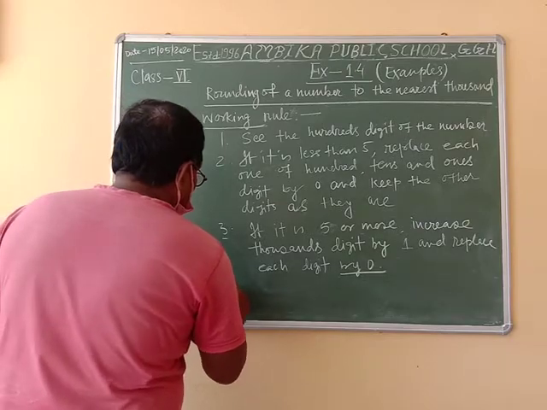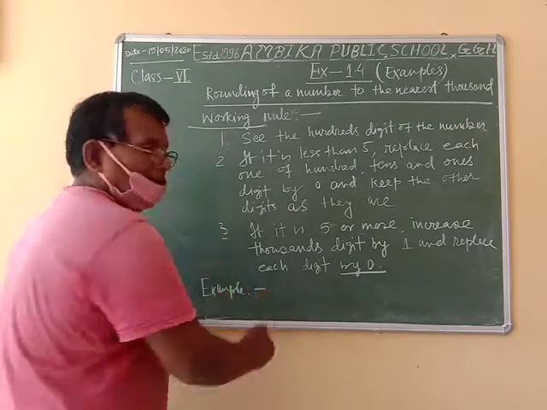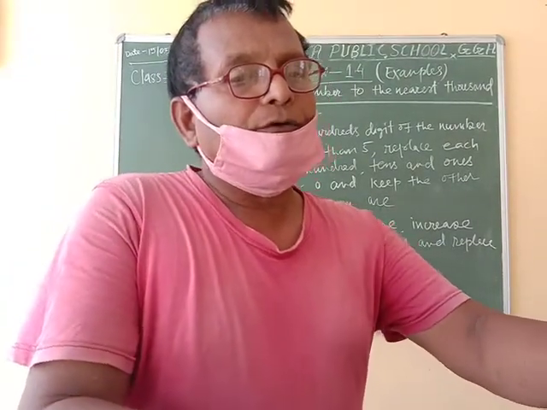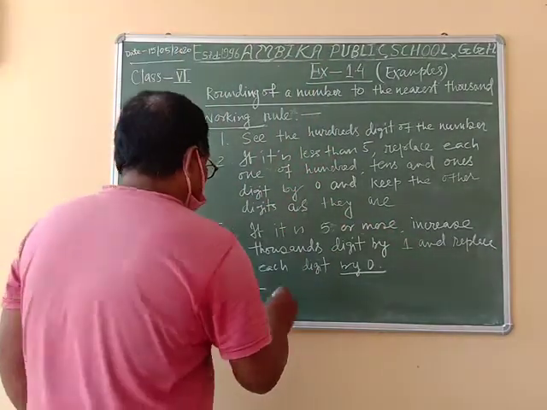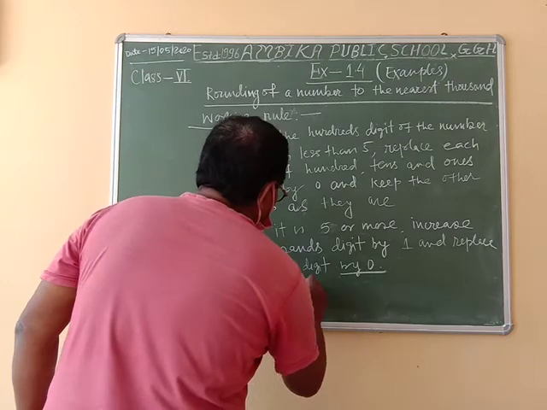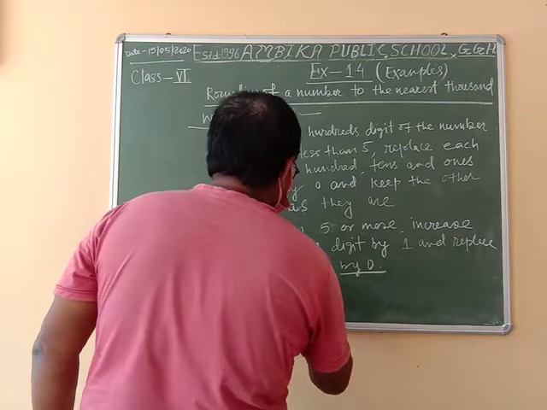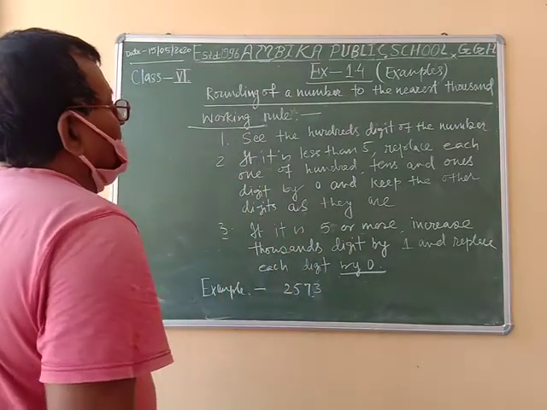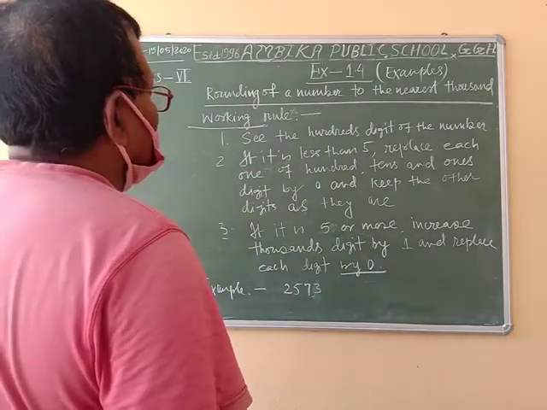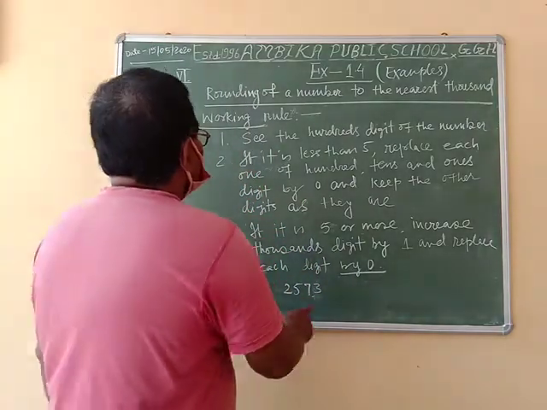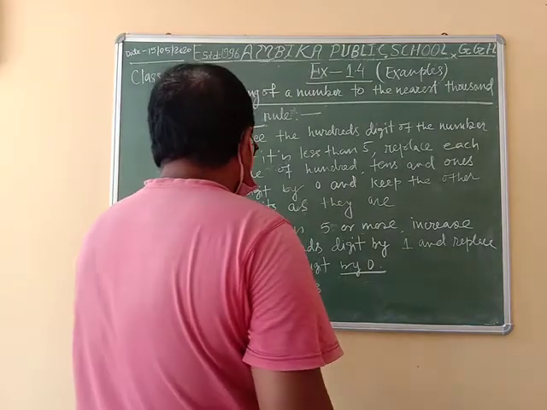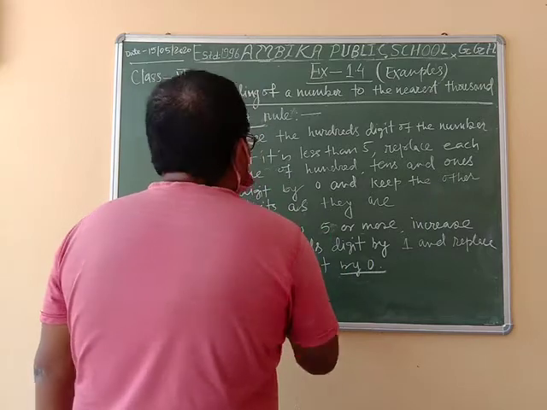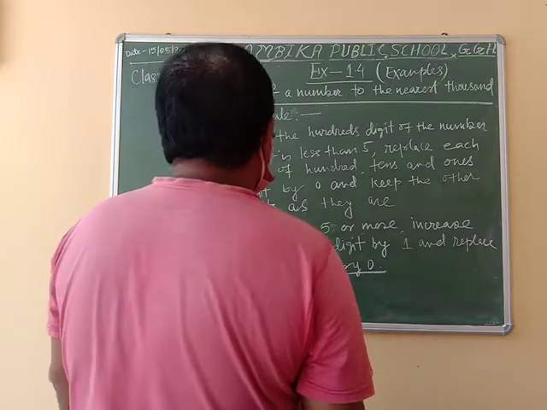If you are given a number 2573, and you have to round off to the nearest thousand, at first we see the hundredth digit of the number.